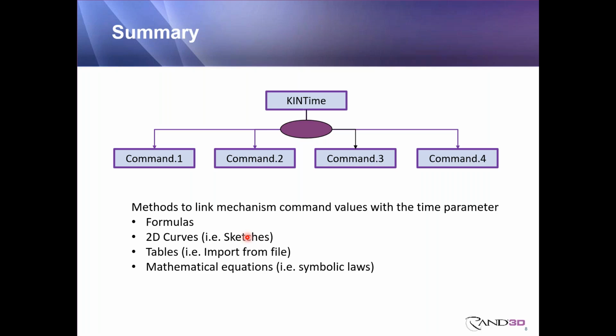That's actually a very nice option because it's very visual, and we as engineers like seeing things. You can also use tables, which is import from file. And lastly, you can use mathematical equations or symbolic laws. That's the most advanced option, which is typically overlooked by most CATIA kinematics users, but it's a nice one.